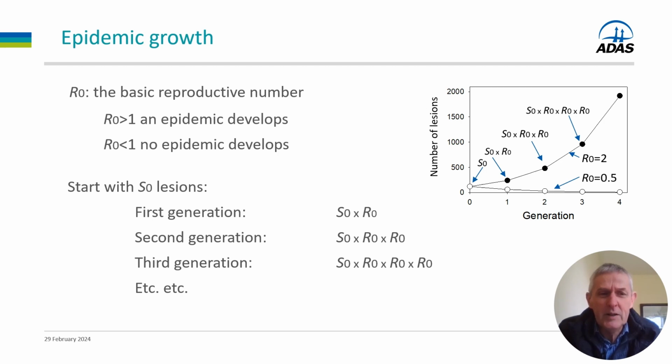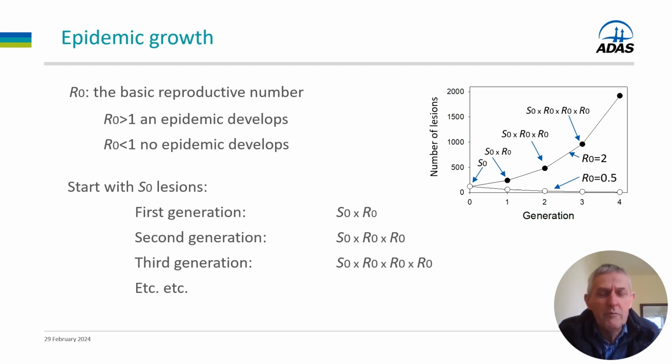If we imagine for a moment that our basic reproductive number is 2, that each lesion produces 2 new lesions, if we reduce the amount of initial inoculum by half, then we effectively delay the epidemic by 1 generation time, because having gone to a doubling of the number of lesions in 1 generation, it's back where it would have been in terms of the epidemic growth.